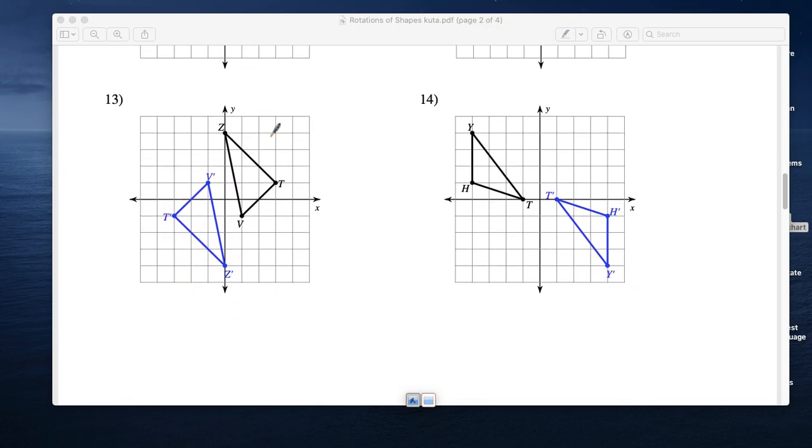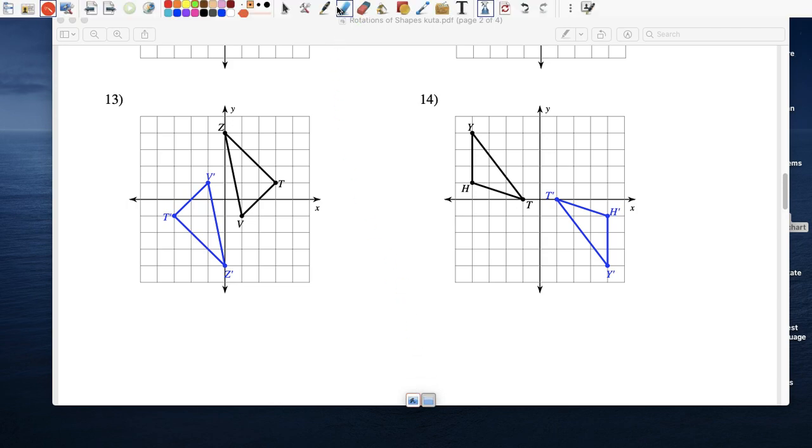And the last question. Well, pick a point. I would pick point T because that's probably the easiest one. So this is the original one, and this is the rotated image, right? So this triangle here is the original, and this one is the rotated image. Same triangle, same everything, except it's in a new location. So point T was in quadrant 1, so think where it is. And where's T prime?